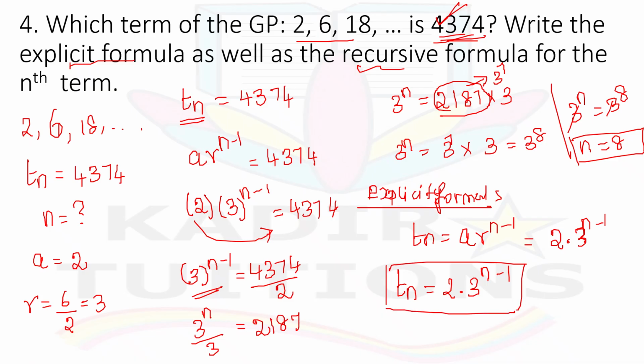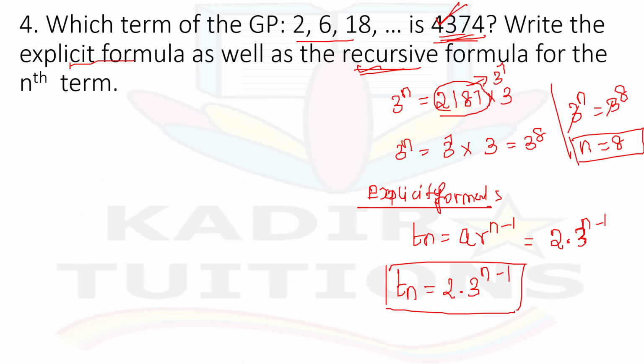And still we need to find the recursive formula. What is a recursive formula? We are going to define a particular term based on the previous term value. Let's see how to do that. For making the recursive formula, first we will make some sequence, then it will be easy for us. See, for example, the term T1 has a value 2.